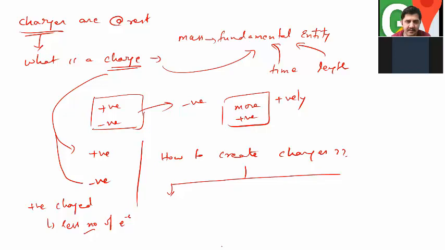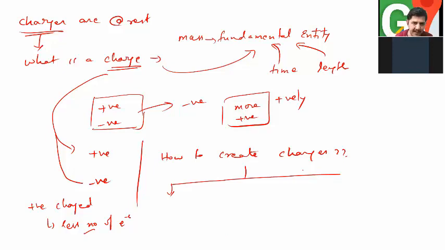Am I right? Yes. So somewhere we have to do some work in order to remove the electrons from an atom, so that it is ripped off from the atom and the atom behaves like a positively charged particle. That's what we have to do.